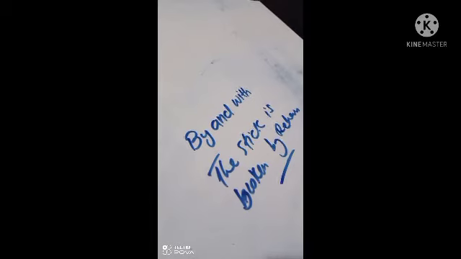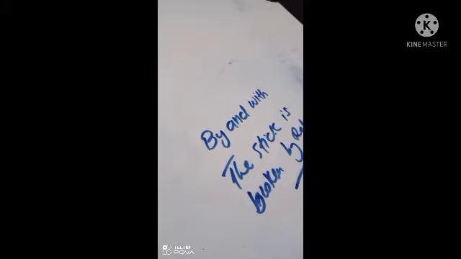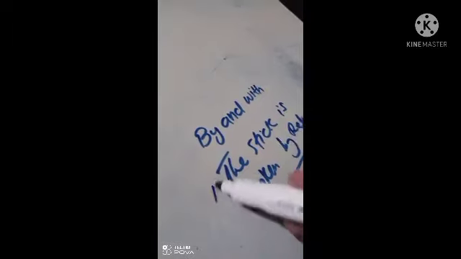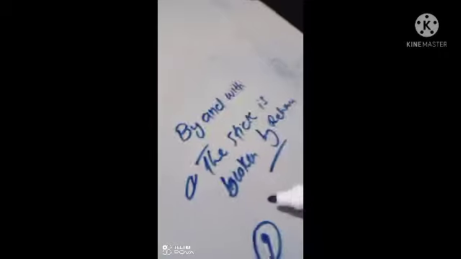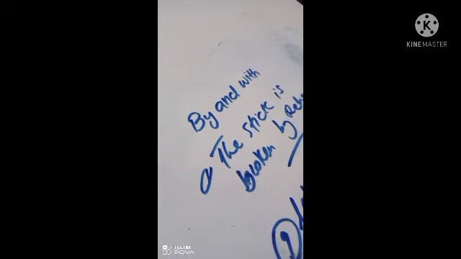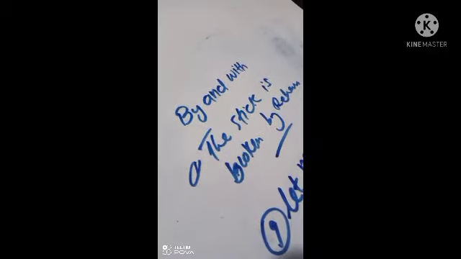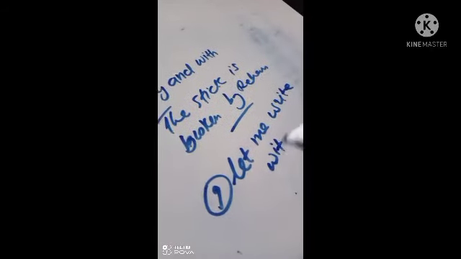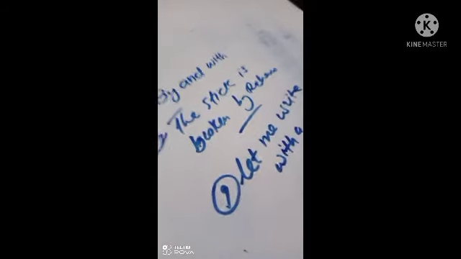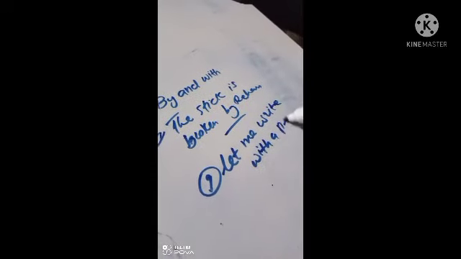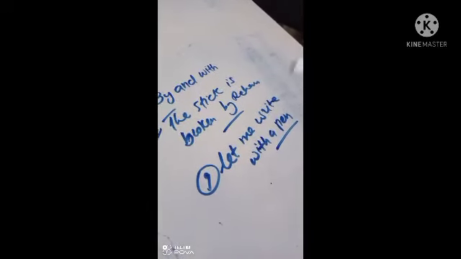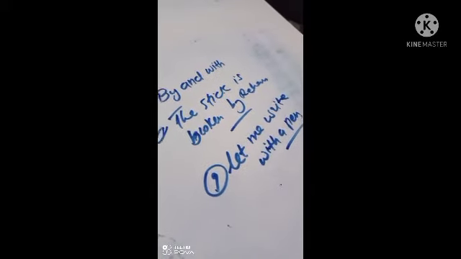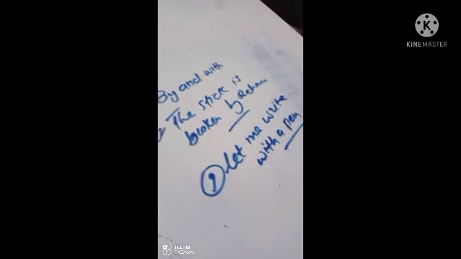By Rehan. He broke the stick. Take an example of "with", where it is used: let me write with a pen. So here a pen is an instrument. So before an instrument, the preposition "with" is used.